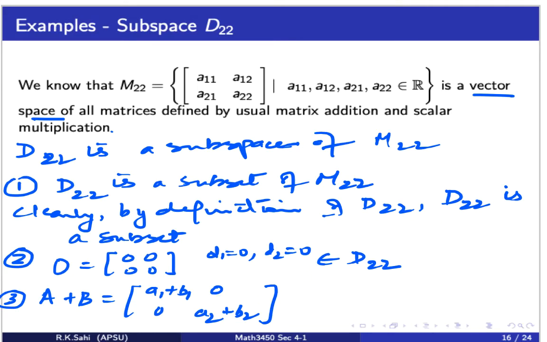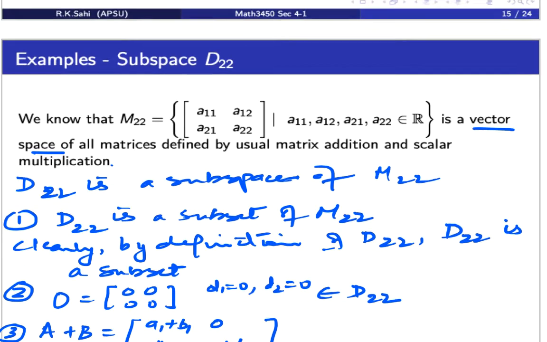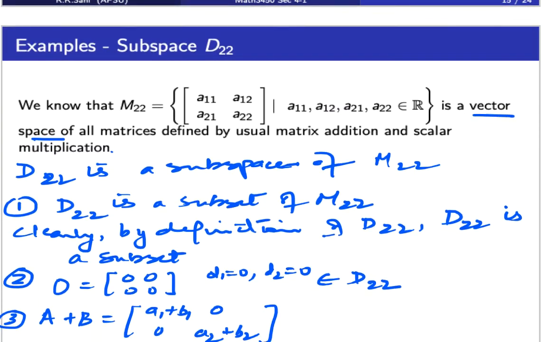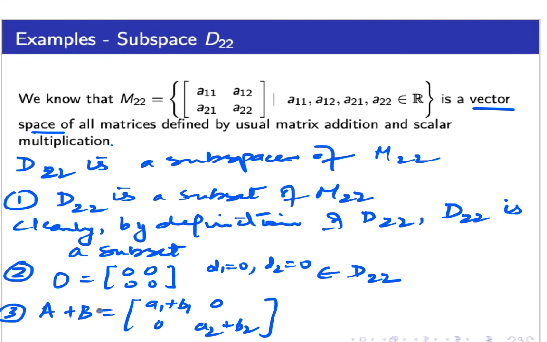Remember, I've already said how A and B look in the previous section. Here's my A and B. So when I add these two matrices, it perfectly looks like an element of D22, because it has two zero elements, one in the first row, second column, and the other in the second row, first column. That's where these are 0, and that's exactly an element of D22.